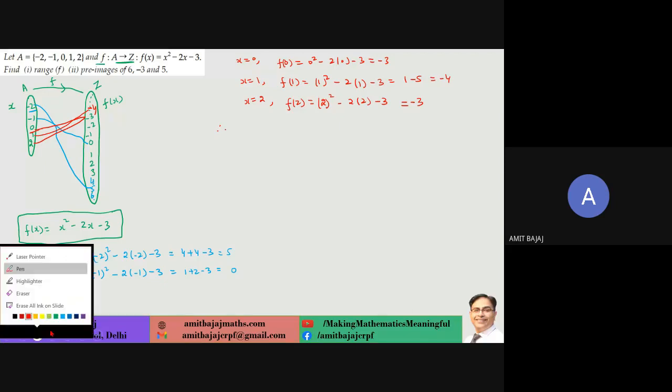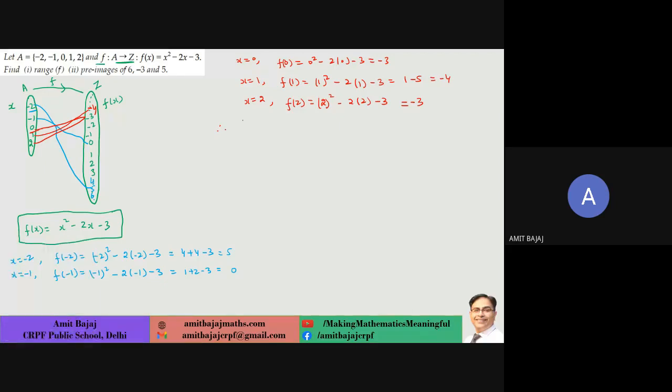So finally my function is made, how am I going to write this function? -2 with 5, keep reading from the arrow diagram, -1 with 0, then 0 with -3, 1 with -4 and 2 with -3. So this is in fact my function in roster form.